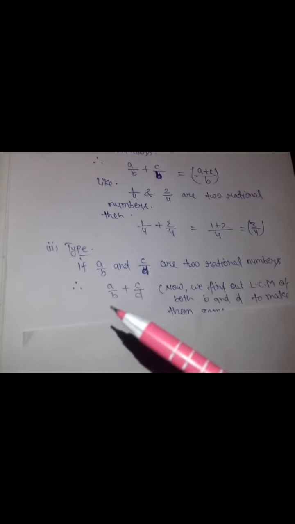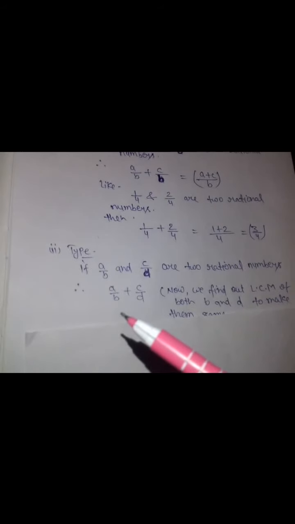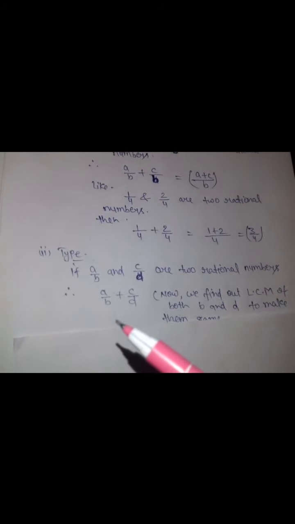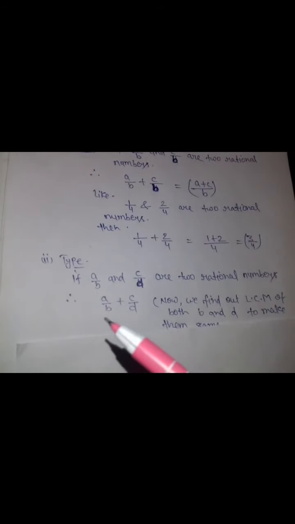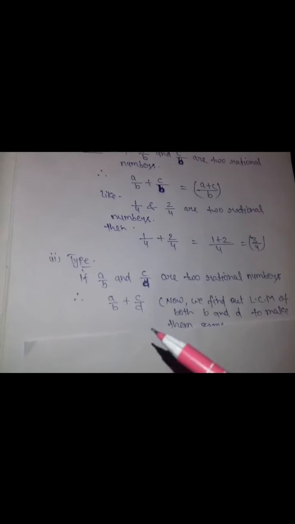To make them the same denominator, we have to find a common number for both. It will depend on the LCM. If we find the LCM of both numbers, the LCM will be the common denominator.